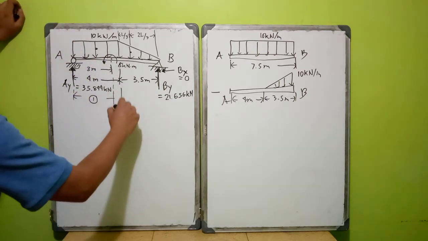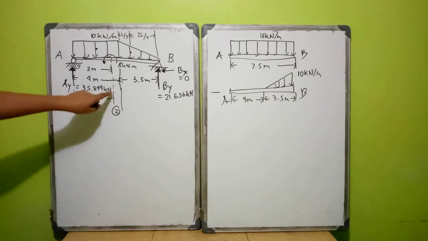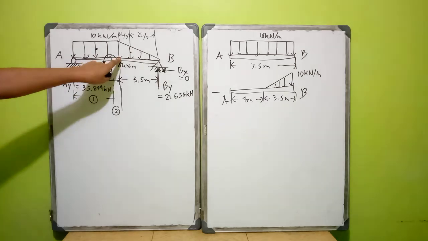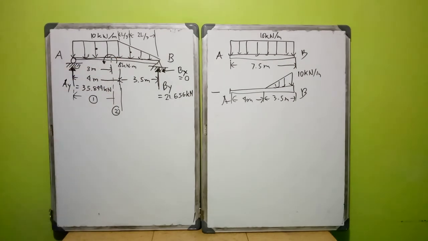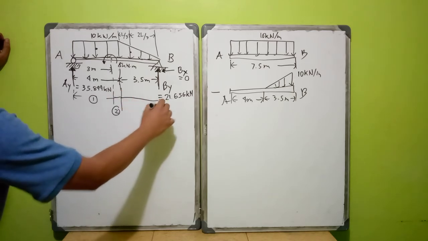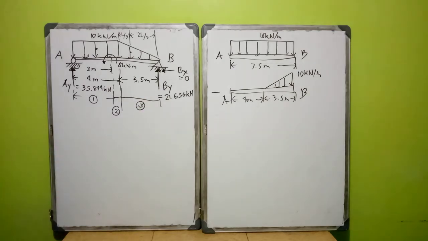Then your section 2 is in the middle, from this internal moment loading until the end of your distributed load. This is section 2. And then after that, the triangle throughout the length of the triangular loading, let us say it is section 3.